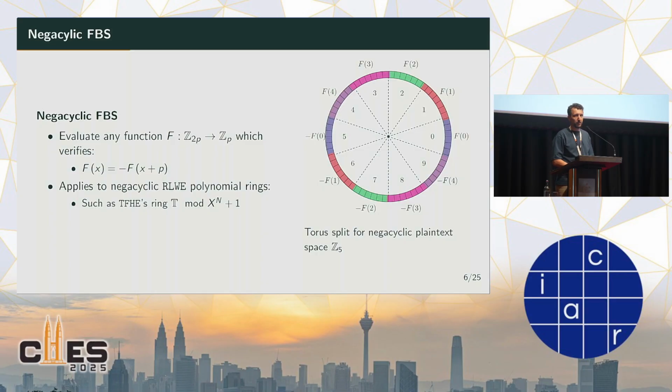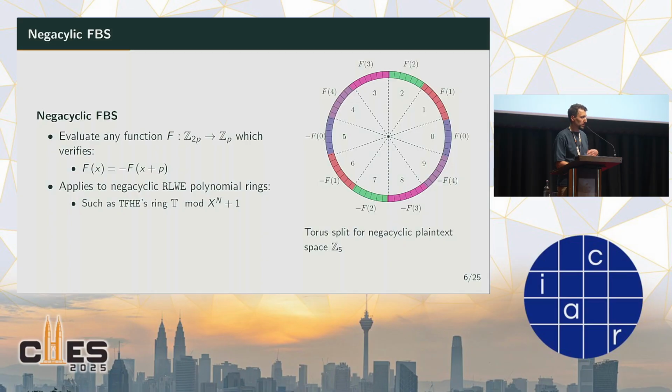The second usable property of functional bootstrapping we'll use is negacyclic functional bootstrapping, which, in addition to evaluating any function from Z_p to Z_p, lets us evaluate a negacyclic function from a two times larger input plaintext space. But the only condition is that your function must verify this expression.